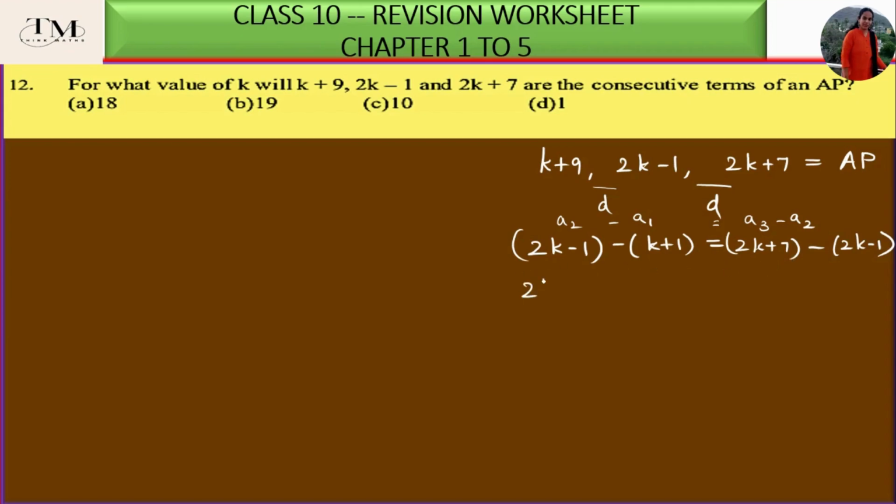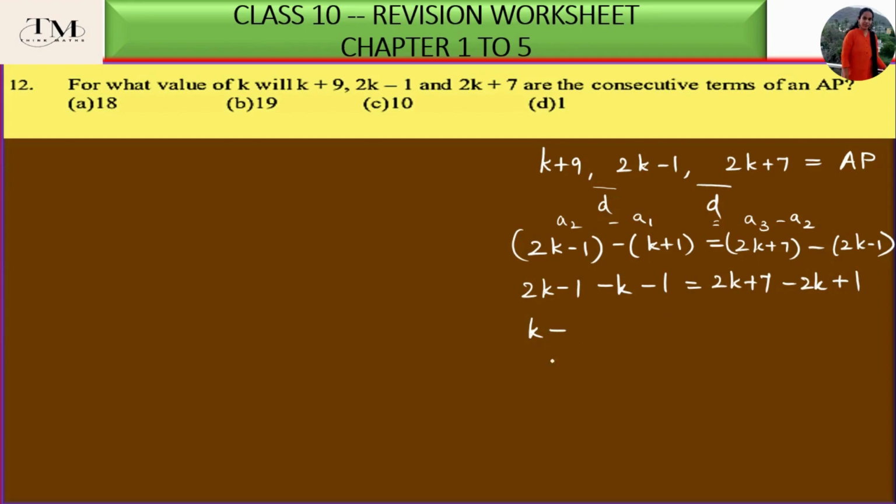So let us solve this. 2k minus 1. If we multiply with negative sign, minus into k, minus into plus, it is minus 1, which is equal to 2k plus 7. Again multiplying with negative, minus 2k, minus into minus, it is plus 1. So 2k minus k is k, minus 1 minus 1.